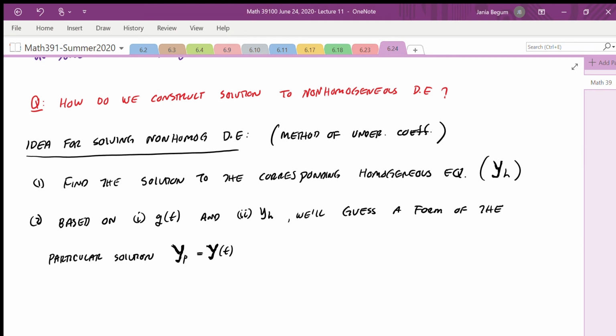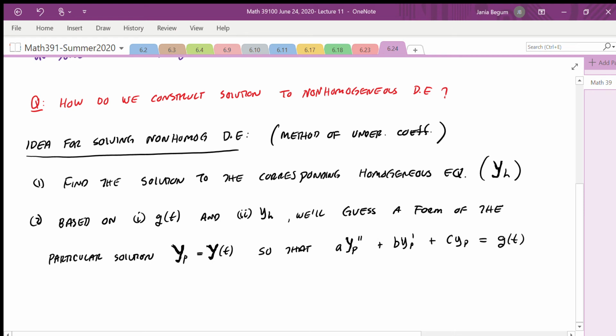Based on the given g of t and our computation for the homogeneous case, we will guess a form for the particular solution, denoted by yp, so that when you plug yp into your initial equation, you have a times yp double prime, computing its first and second derivatives, plus b times yp prime plus c times yp, it's going to equal g of t.